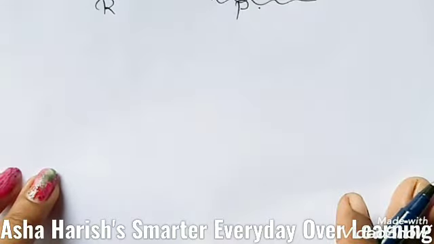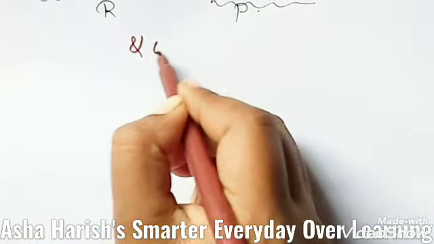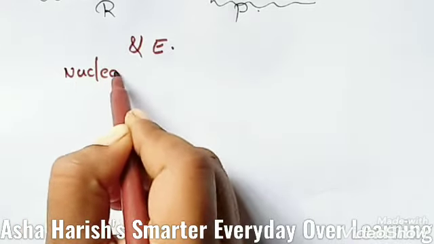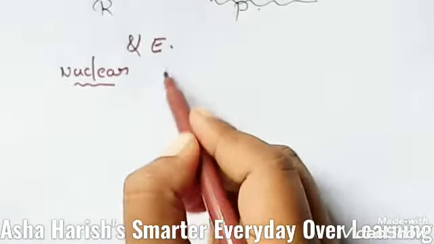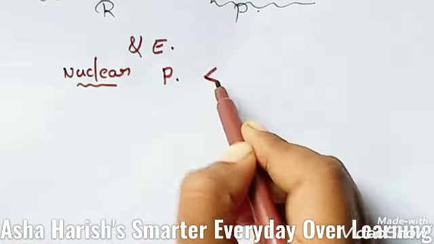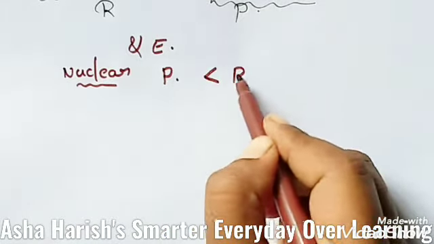Now students, let's see the law of conservation of mass and energy. In a number of reactions, especially nuclear reactions, the mass of the products is found to be slightly less than the mass of the reactants.